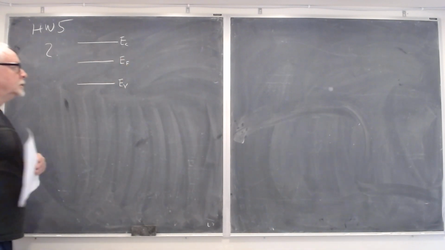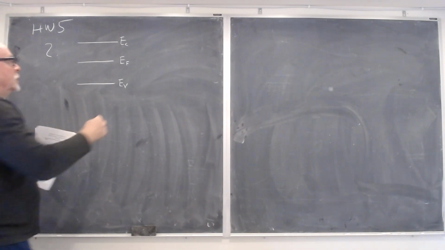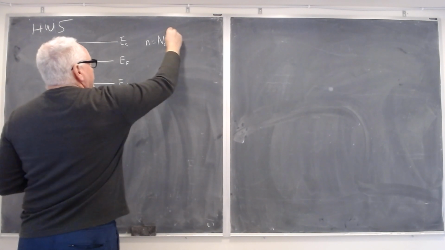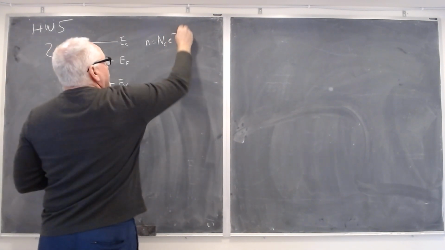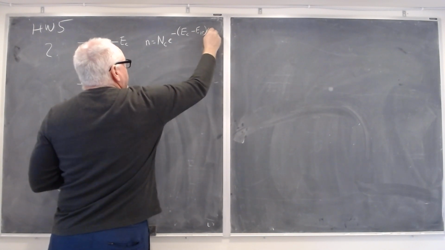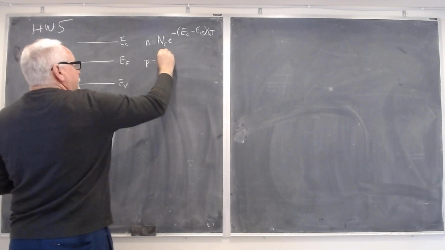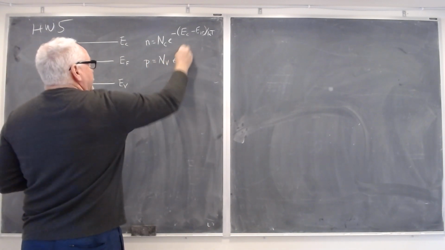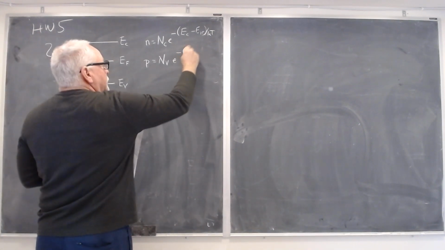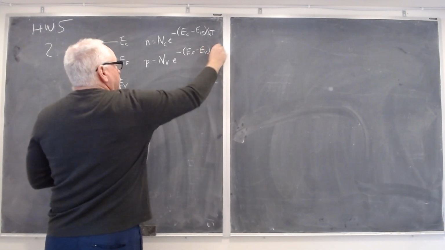All right. So you know by now, it should just be second nature, that n is N sub C e to the negative (EC minus EF) over kT, and p is N sub V e to the negative, think about a negative of that, (EF minus EV) over kT.